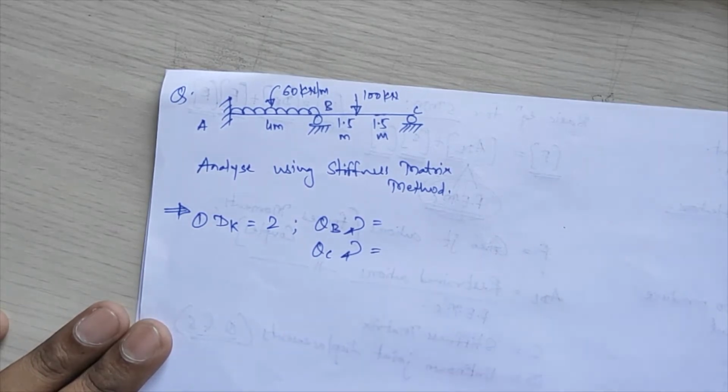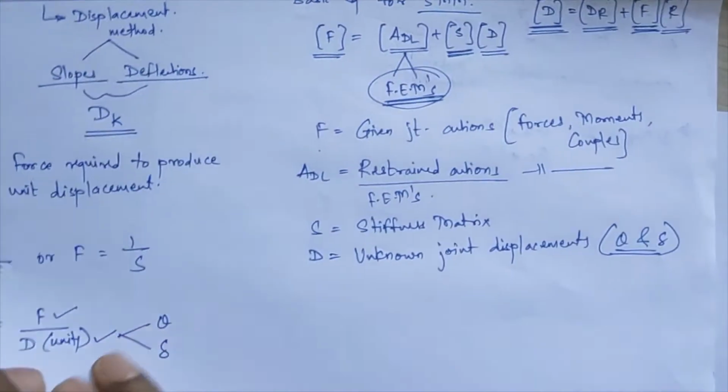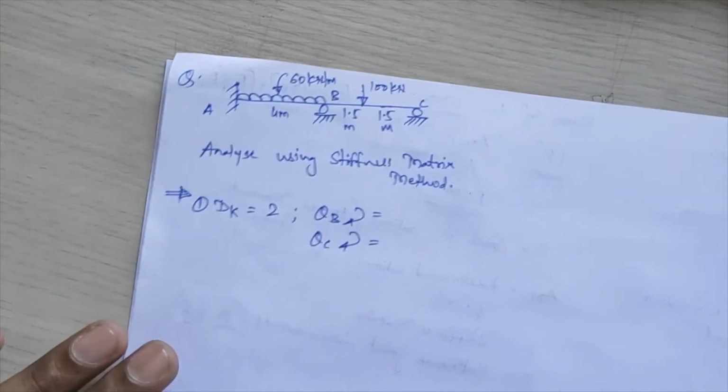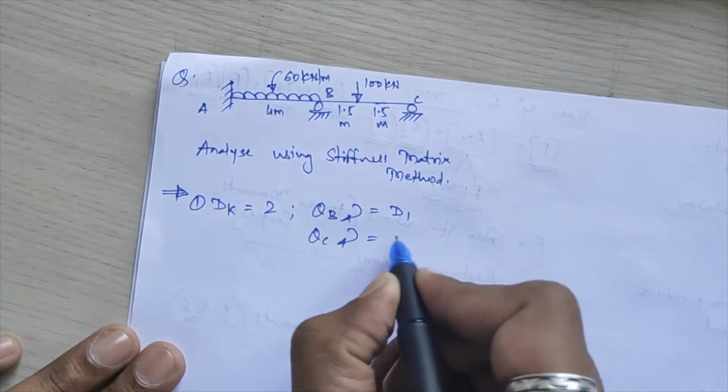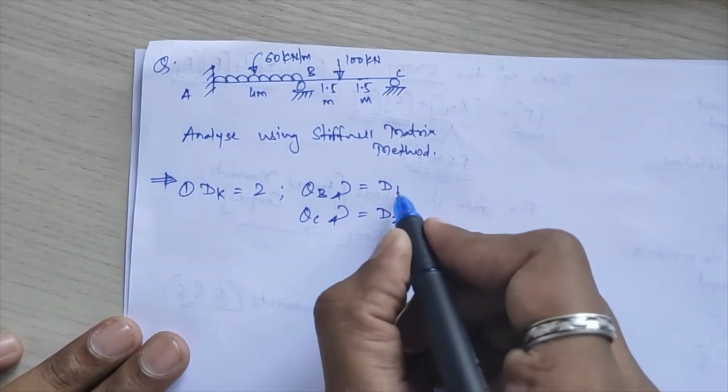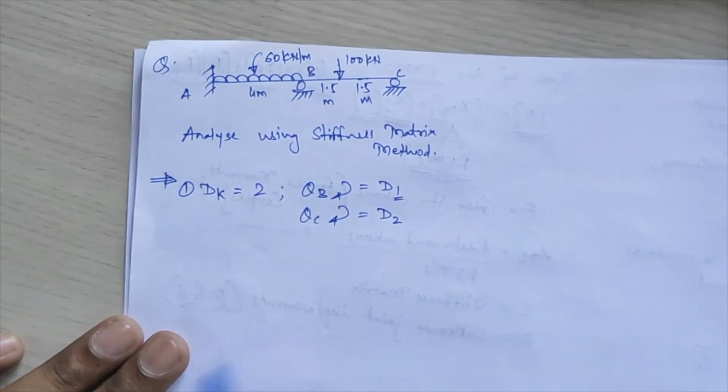Suppose I have to assume those in terms of this basic equation over there in terms of D. So what I'll do here, I'll assume theta B as my D1 and theta C as my D2 value over here. That means at point B you will be having your first coordinate, and at point C you will be having your second coordinate.